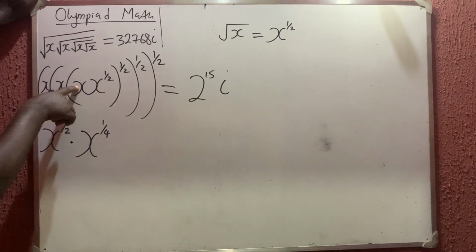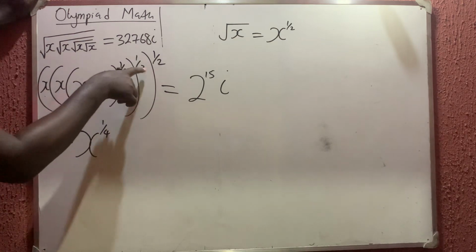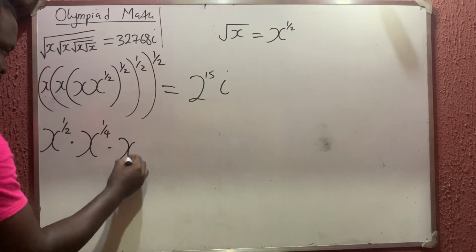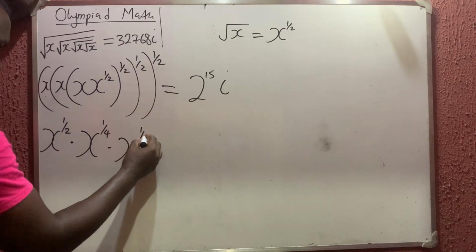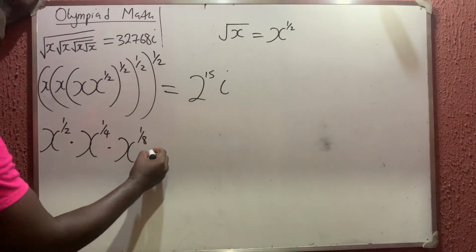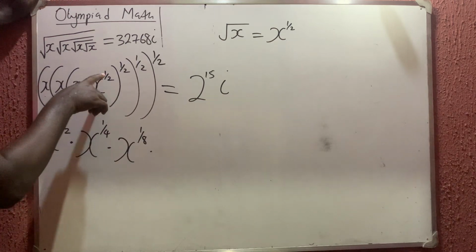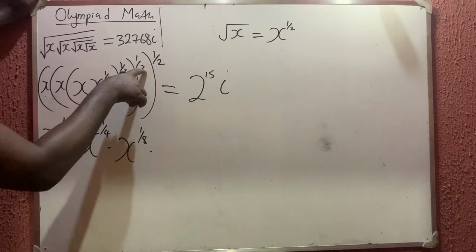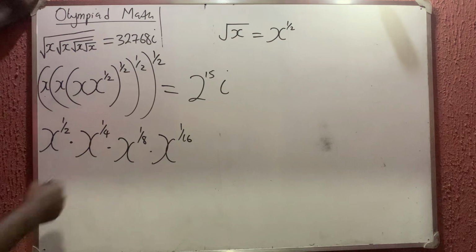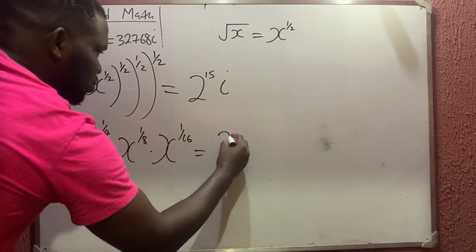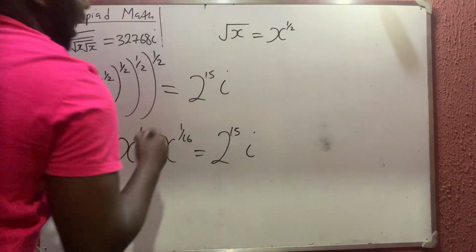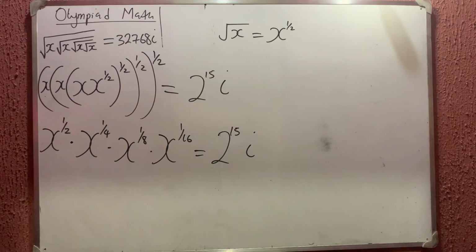The third one has 1 over 2, 1 over 2, and 1 over 2, so it's going to be multiplied by x raised to power 1 over 8, since 4 times 2 is 8. Finally, the last one inside has 1 over 2 four times, which is x raised to power 1 over 16. This is equal to 2 raised to power 15, then i. Now, what do we do, child of God?